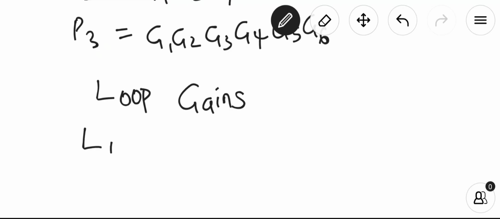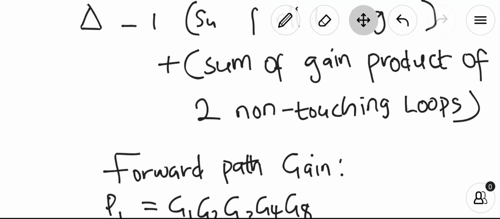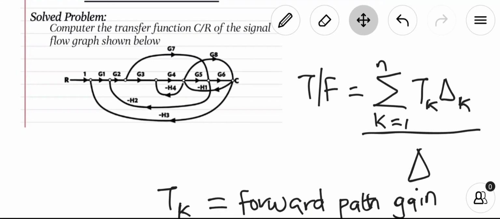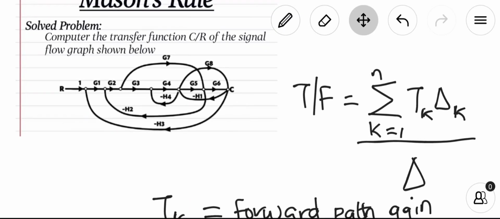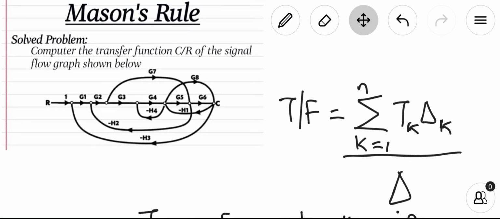So for loop 1, I'm just going to show you this one, so that you know the number of loops. A loop is a closed path in a circuit, or in this case a closed path in this signal flow graph.